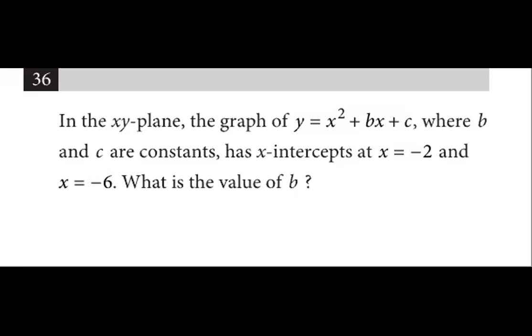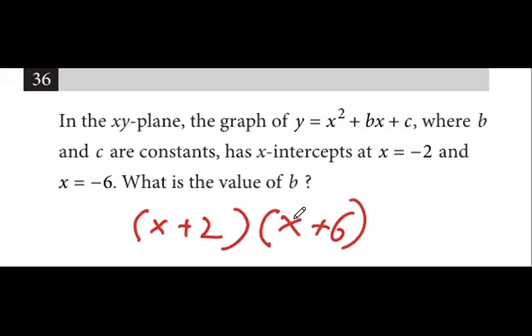Okay, so for question 36, we're given two intercepts at x equals -2 and x equals -6. That means we have x plus 2, because this would mean that it intercepts at x equals -2, because -2 plus 2 is 0. And then for the other one, it would be x plus 6, because -6 plus 6 equals 0, so that means x is -6.